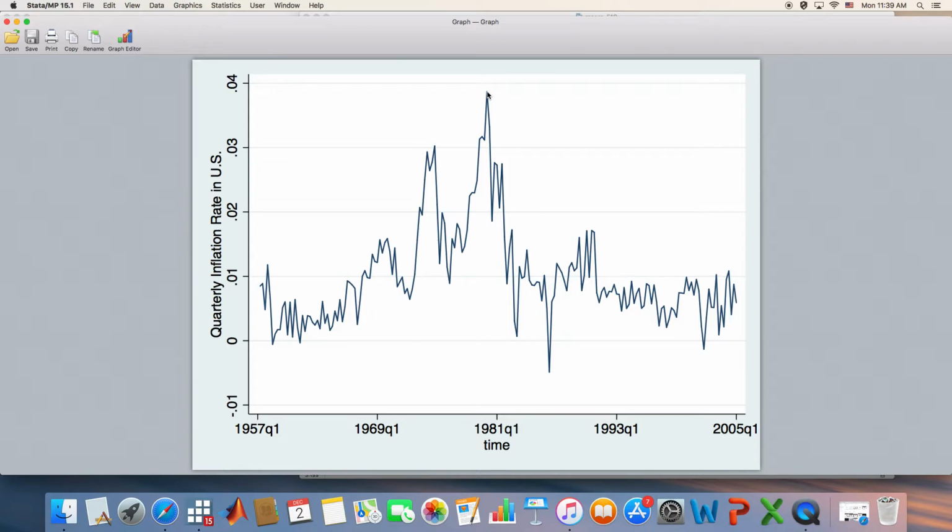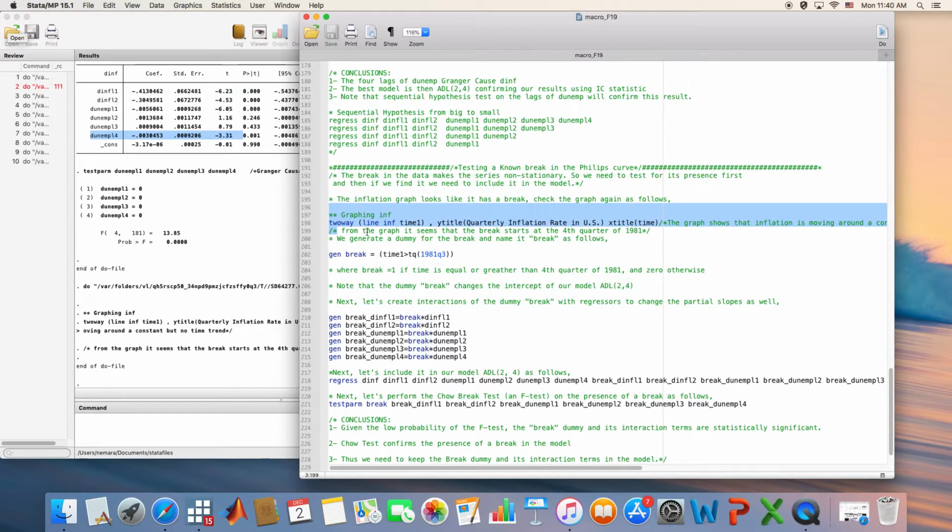The break might be related to a mistake in your inclusion or importing of the data set, or it could be because of a change in economic policy. If it is the first one, which is your mistake, then just go ahead and, of course, correct your data set. If it is related to a change in policy, and you need to have this included in your model, then you need to create a dummy for this break.